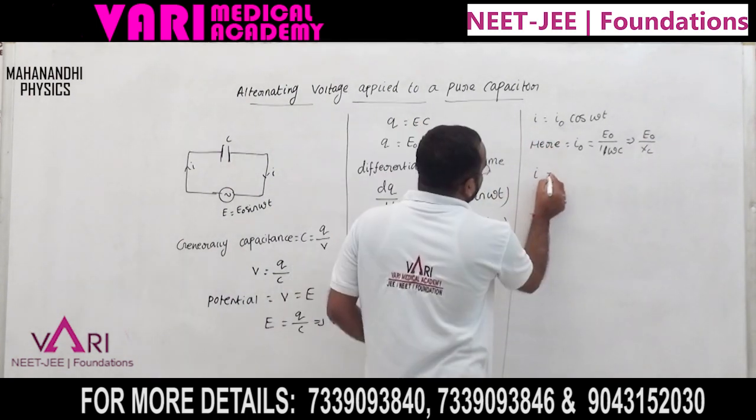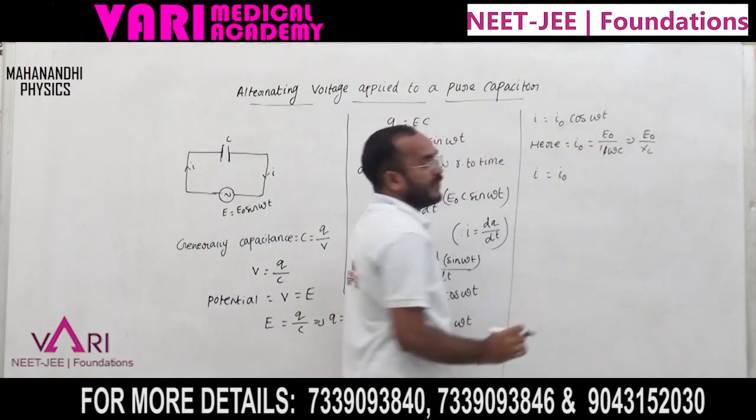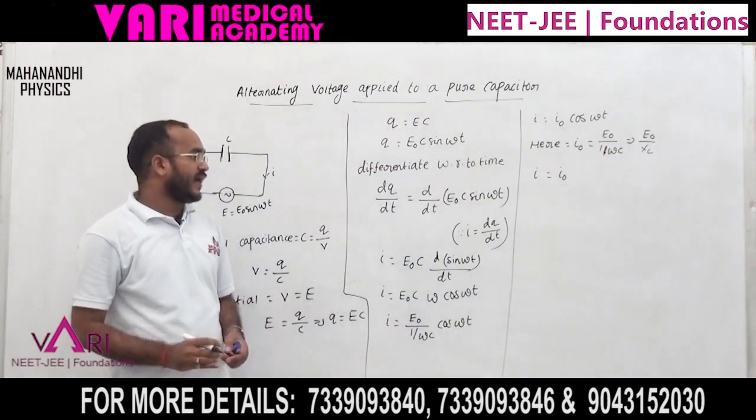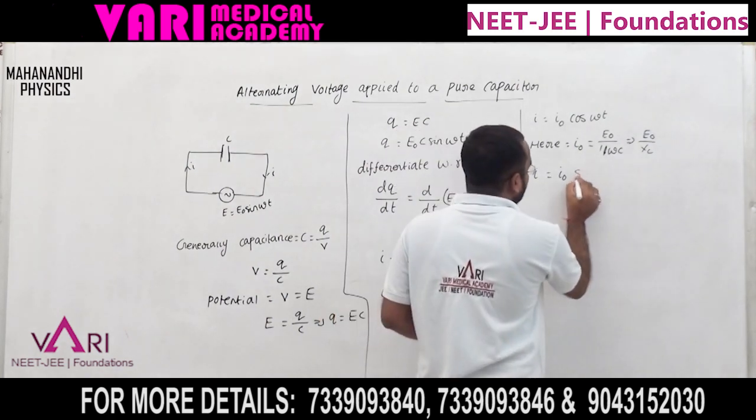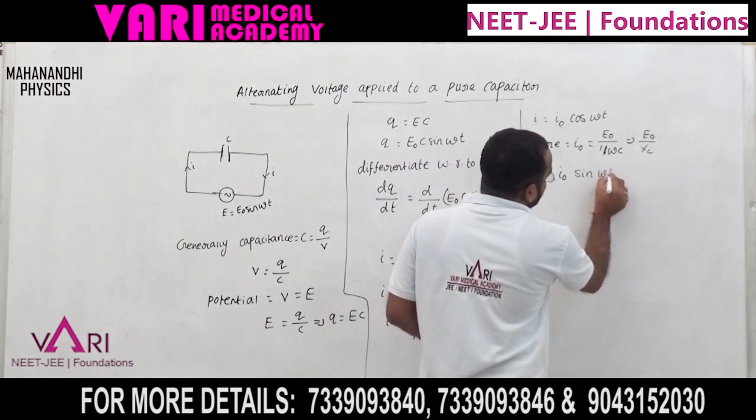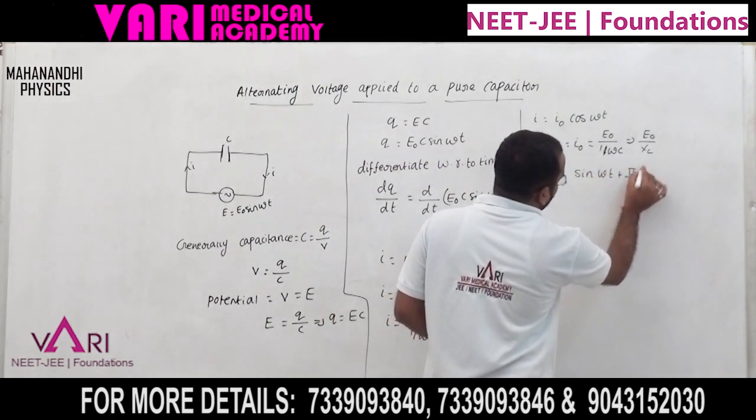Now I equal to I naught, and cos omega t can be written in another form as sin omega t plus pi by 2.